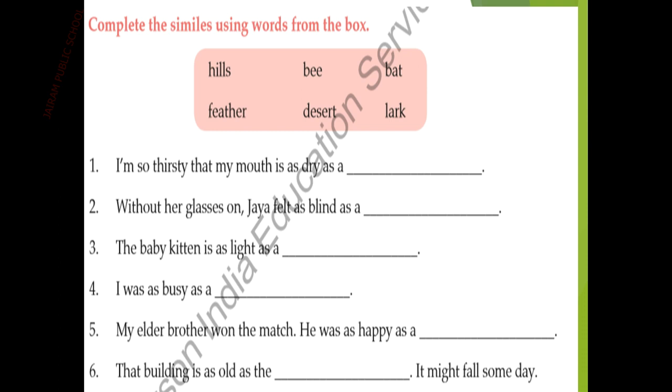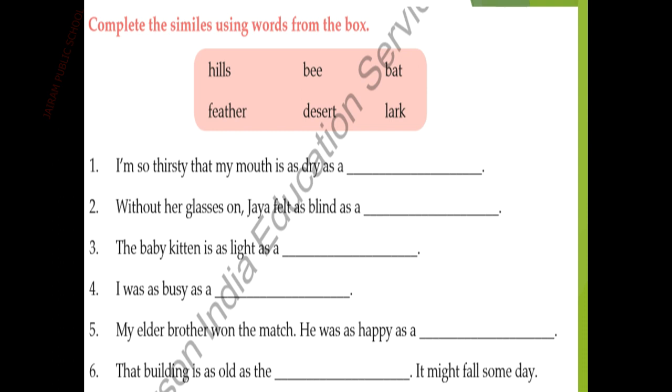Go to the third one. The baby kitten is as light as a dash. If you are touching the baby kitten, how do you feel? Which is very soft. So, can you find out the answer for this one? Yeah, of course, which is feather. The baby kitten is as light as a feather.